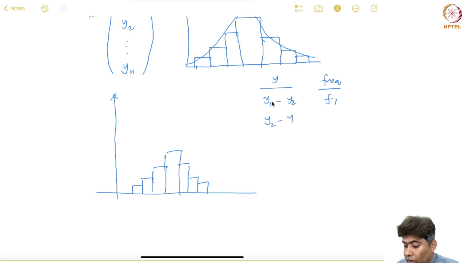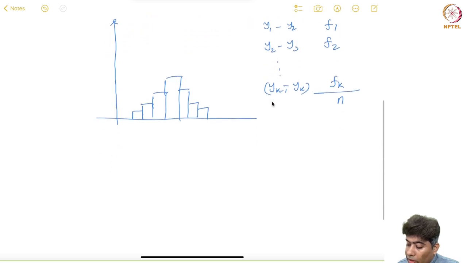From y2 to y3 you have f2, and in this way from yk minus 1 to yk you have fk, and the total number of samples is n.